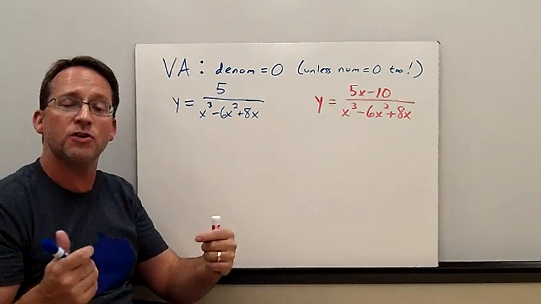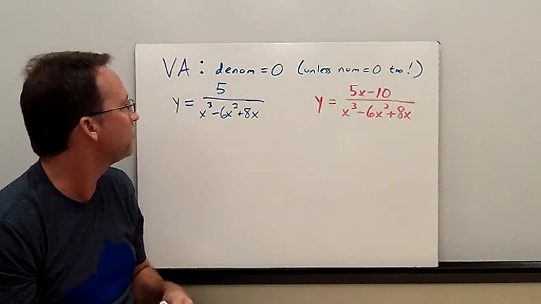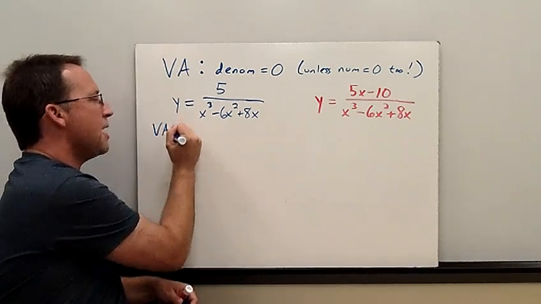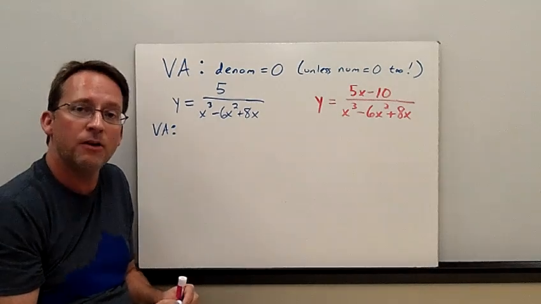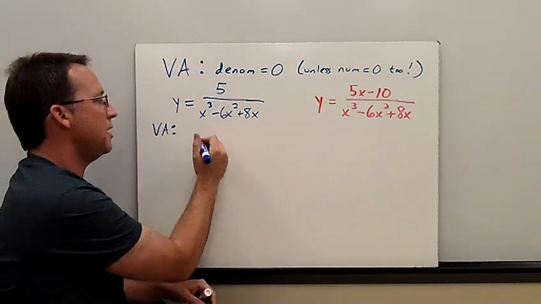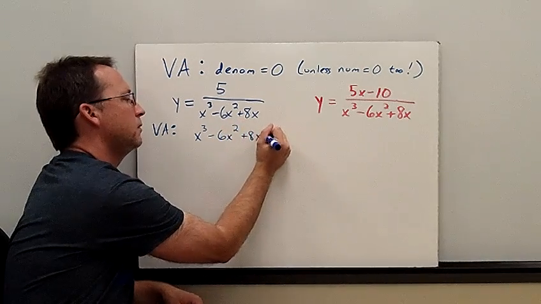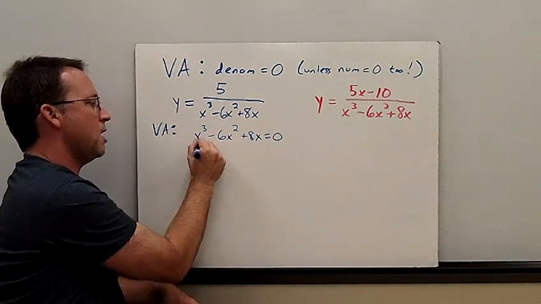So as I look at a function, if I want to know where the vertical asymptotes are, like here, this will happen anywhere that the denominator equals 0. So I take my denominator, set it equal to 0, and solve. Take out my common factor.